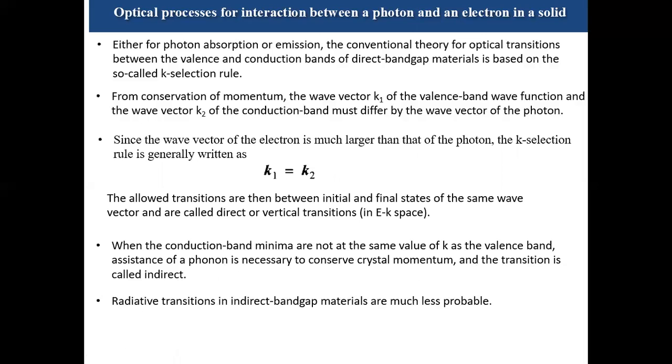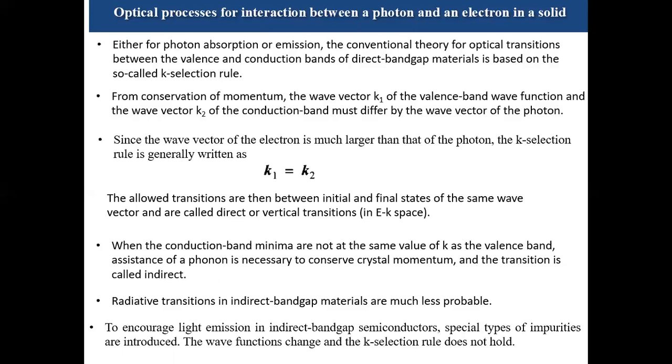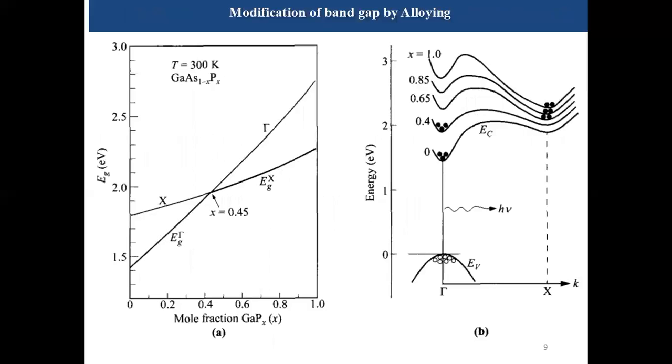The radiative transitions in indirect bandgap materials are much less probable. To encourage light emission in indirect bandgap semiconductors, special types of impurities are introduced. The wave function changes and the k selection rule does not hold.